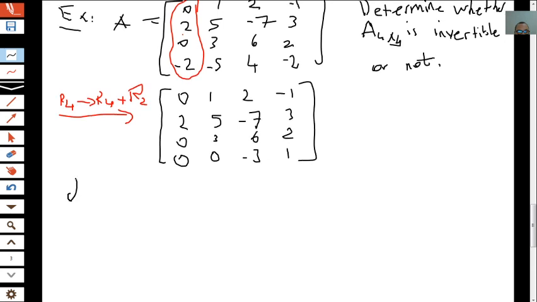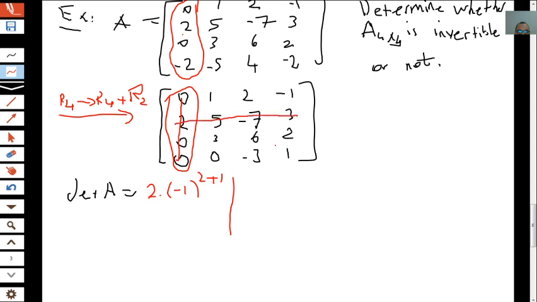And now the determinant A is equal to, using the first column, 2 times minus 1 to the power, since it is in the second row we write 2, plus in the first column 1. And by cancelling the first column and second row, we obtain 1, 2, minus 1, 3, 6, 2, 0, minus 3, 1.